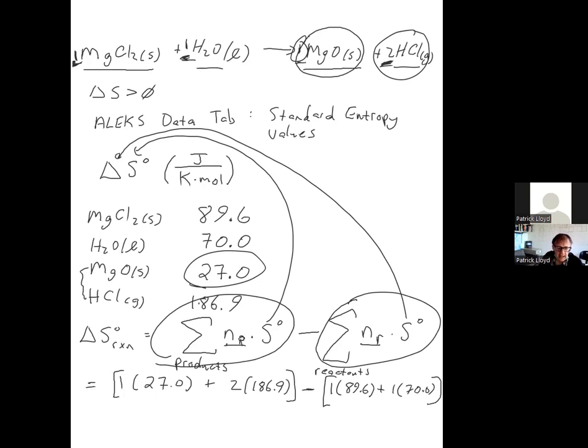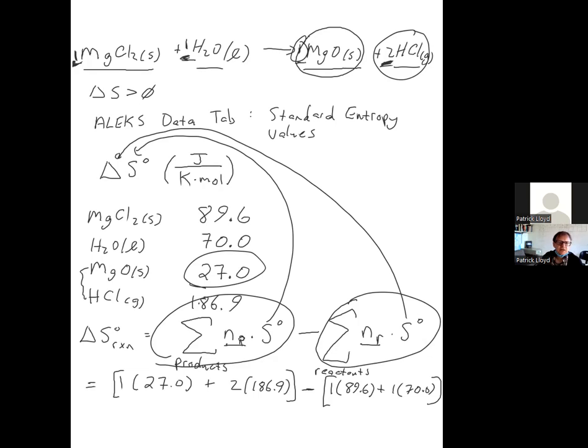Okay, and I'm just going to bring up my little calculator here. So we have 1 times 27.0 is just 27.0, of course, plus 2 times 186.9. So I get, oh, I'm sorry.